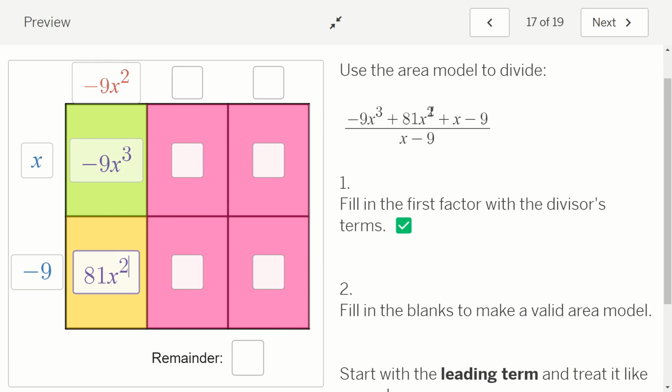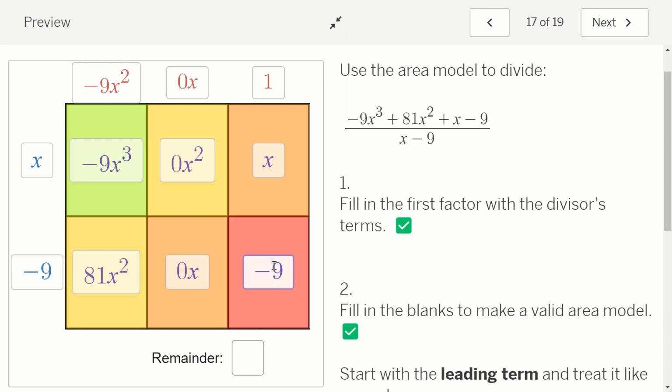Oh, but it's got to be 81x squared. Okay, well, that's good news. So 0x squared, which means this will be 0x. And this will be another 0x. Fantastic. This will need to be 1x, which makes that a 1, and that a negative 9.